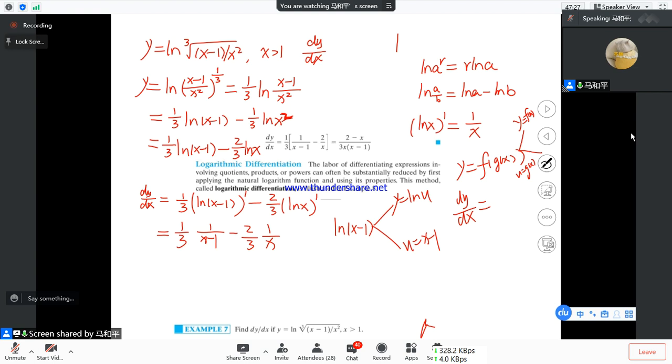The derivative of the outer function is 1 over u, times the derivative of the inner function, which is 1. So the final answer is 1 over x minus 1.